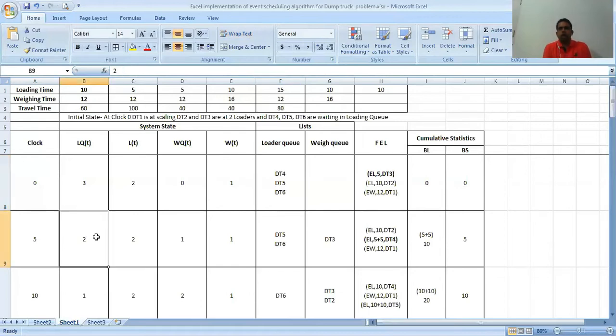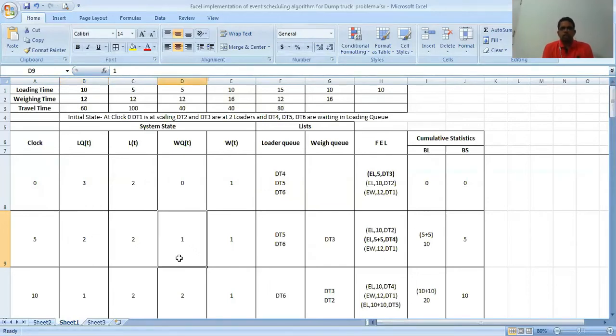As we have said, based on the arrival event, we check whether the server is free or not. If it is free, then the queue value, that is LQ(t), will be decremented. So here we have decremented the value, and WQ(t) will be 1.